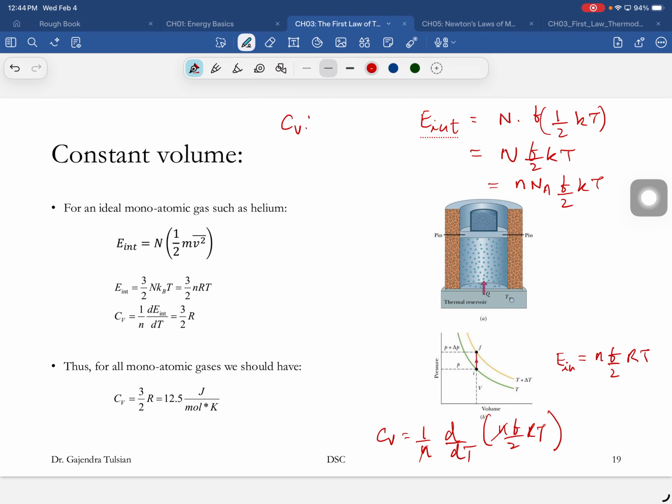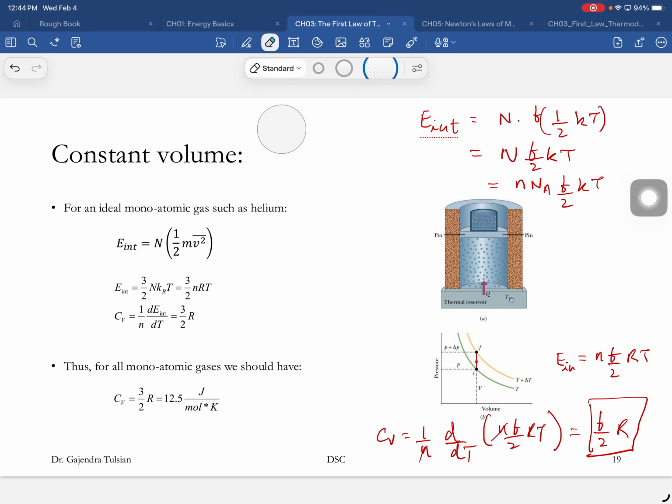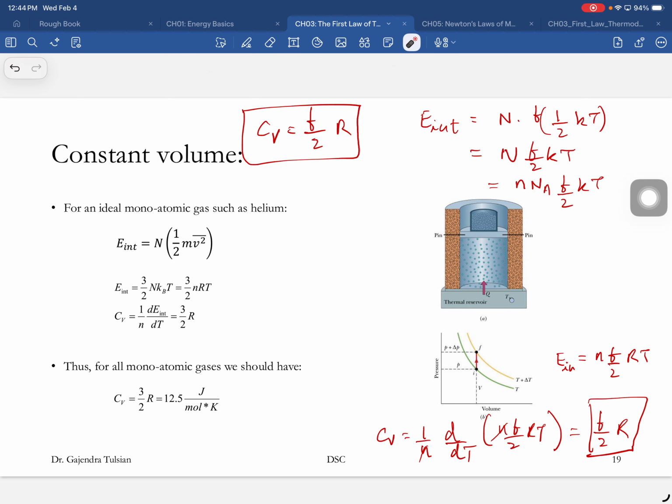The n cancels, and this is equal to F/2 R. All right, so CV for an ideal gas is F/2 R. F is the number of degrees of freedom of the molecule. Okay? So if you have a monoatomic gas, the number of degrees of freedom is 3, and CV is 3/2 R. For a diatomic molecule, the number of degrees of freedom is 5, and at room temperature, it would be 5/2 R. Okay?